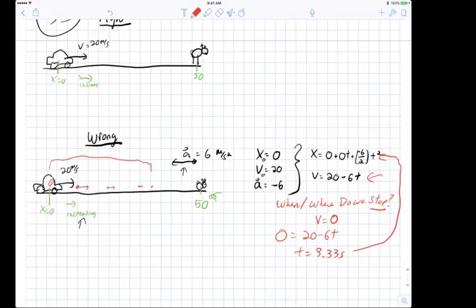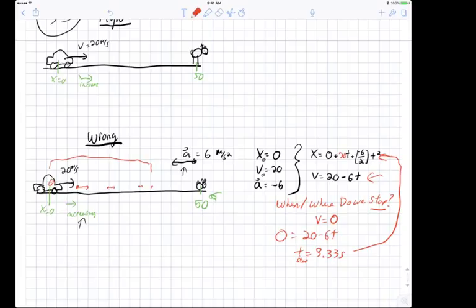So the final position, stop. The final position is going to be -3 times all squared. Wait, hold on. What did I just do? The initial velocity is not 0. The initial velocity is 20.